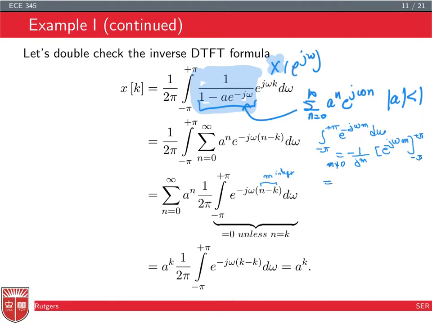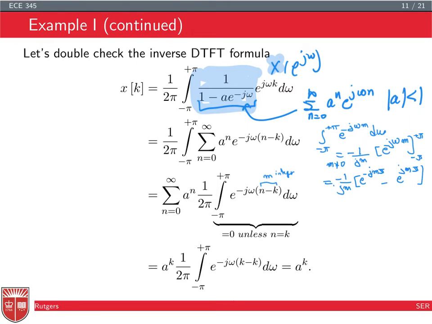Now what we get here is −1 over jm times (e^{−jmπ} − e^{jmπ}).